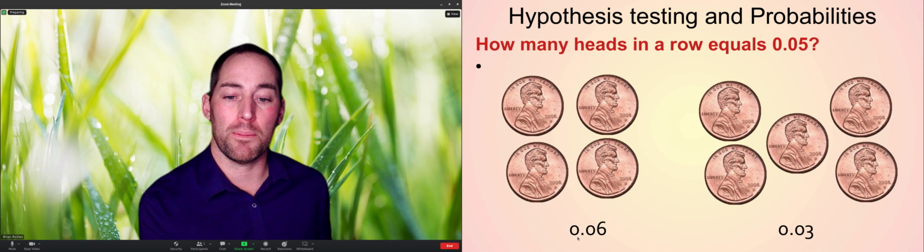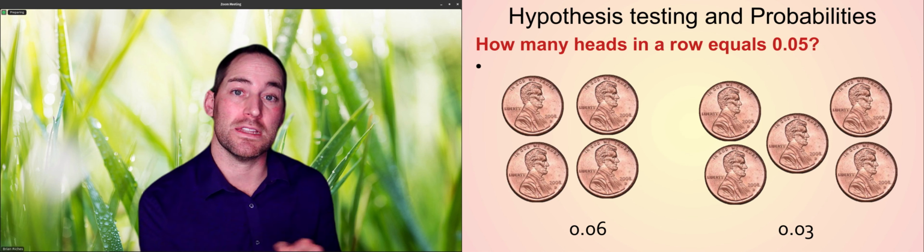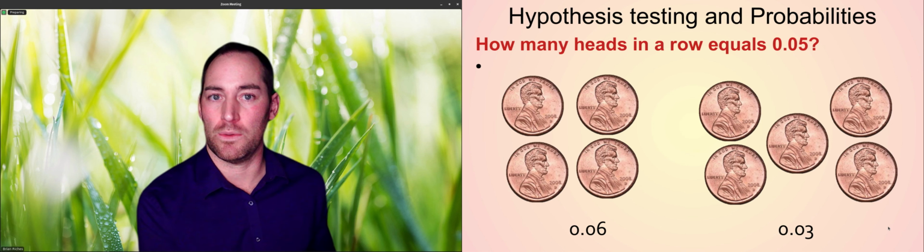So right between 4 and 5 heads in a row is the probability of getting that. So take that with the sense that that's kind of the minimum standard of chance in psychology studies, right? A 5% chance is somewhere between 4 heads and 5 heads in a row.